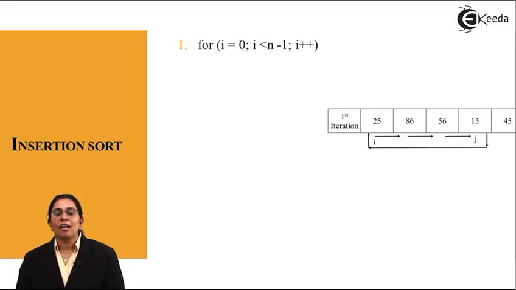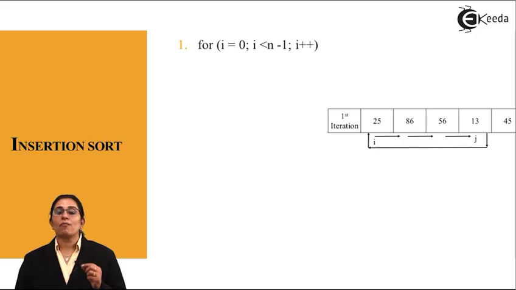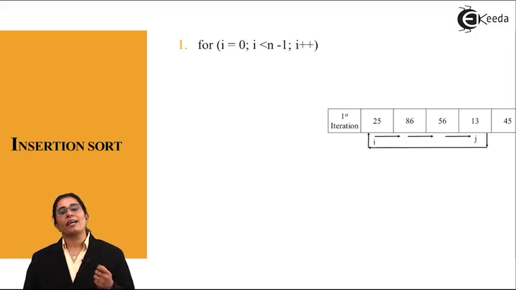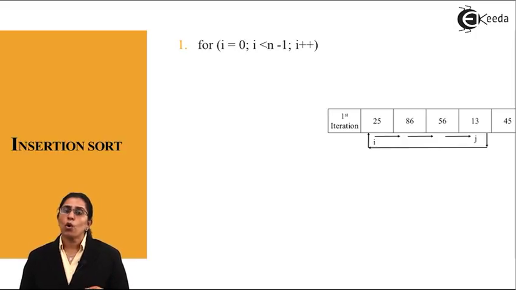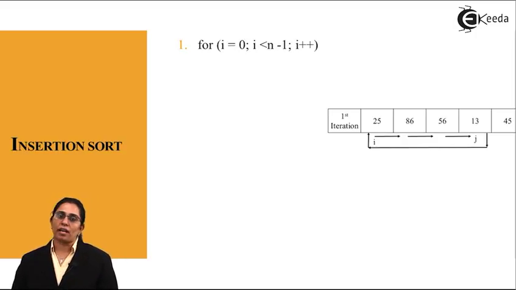If I take i less than or equal to n minus 1, then I will be unnecessarily wasting execution time, as I will be comparing the same element by itself. So we take the value of i as less than n minus 1.